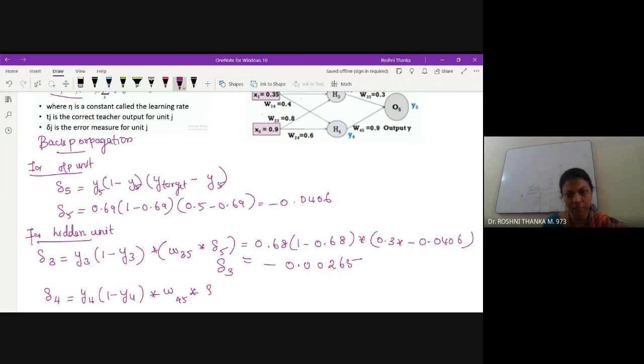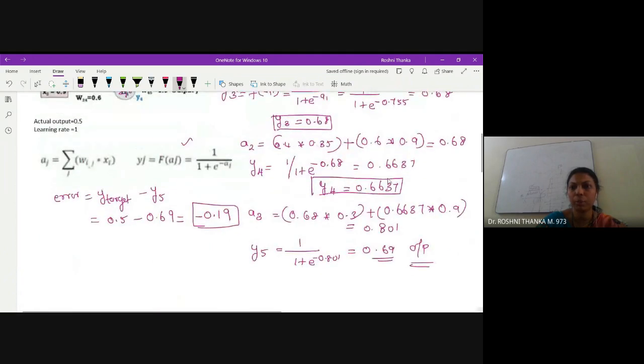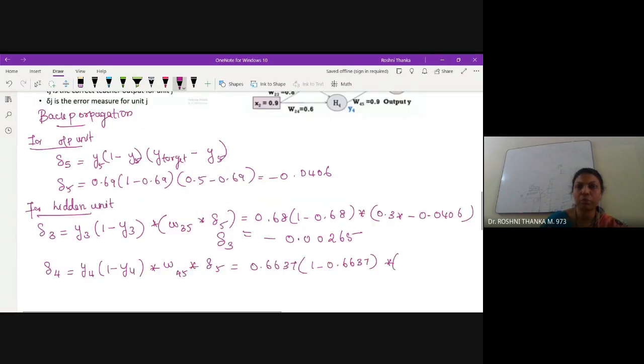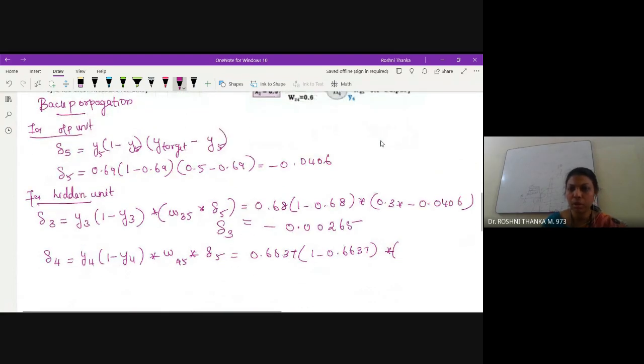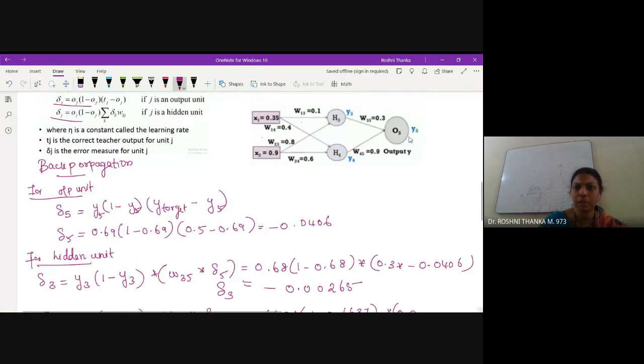That is delta 5, which is equal to y4. What is y4 we got? y4 is 0.6637. So it is 0.6637 into (1 minus 0.6637) into, the weight we have is 0.9, this weight, 0.9 into the error of the previous computational unit.